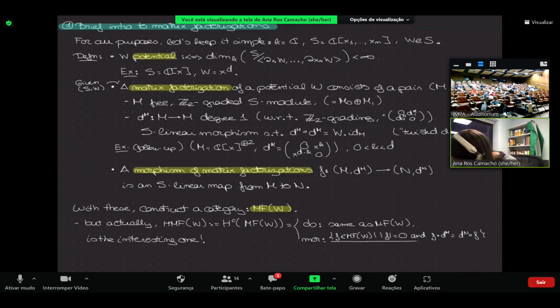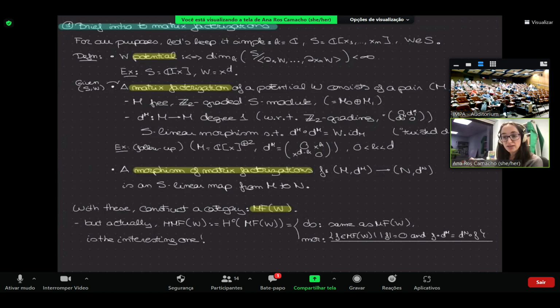But there are 2 ways you can construct a morphism of matrix factorizations of degree 0. One, it is actually strictly degree 0, or it can be of degree 1 composed with one of the twisted differentials.